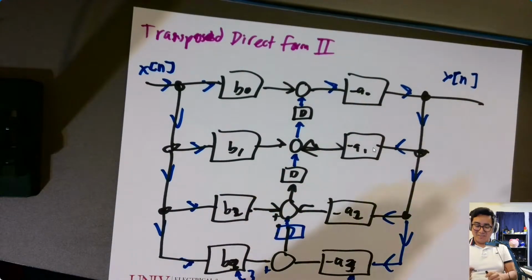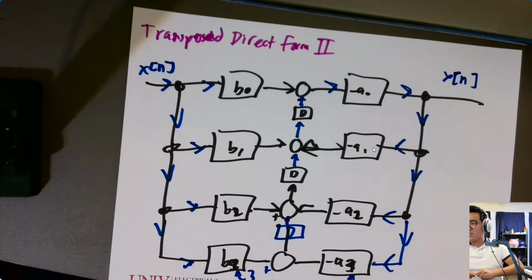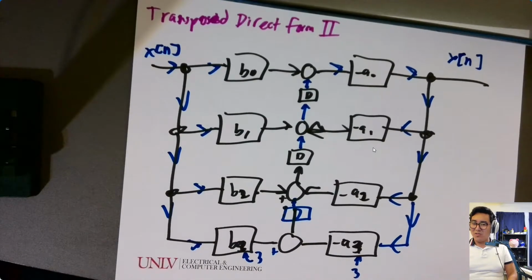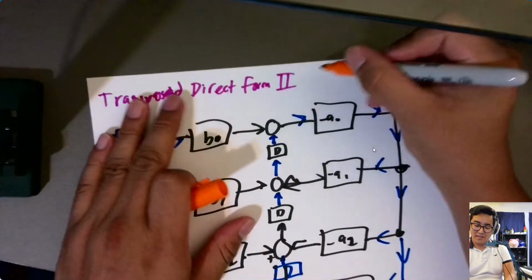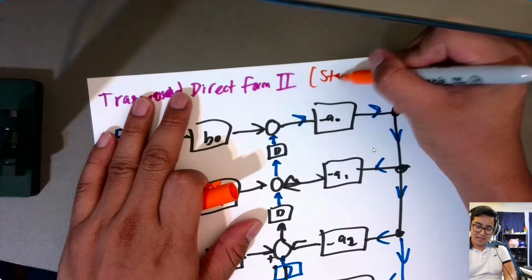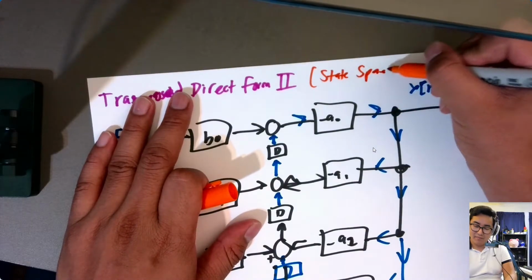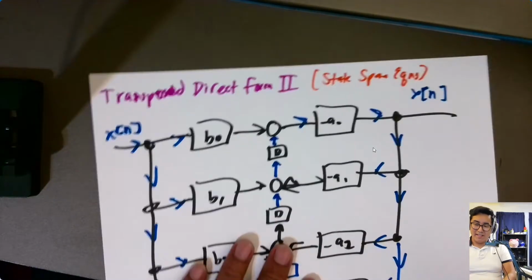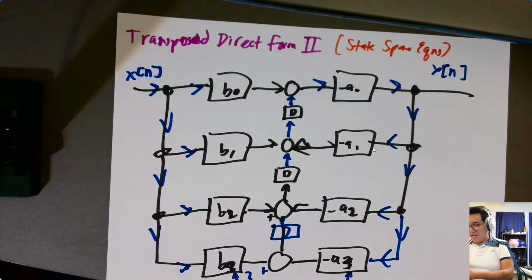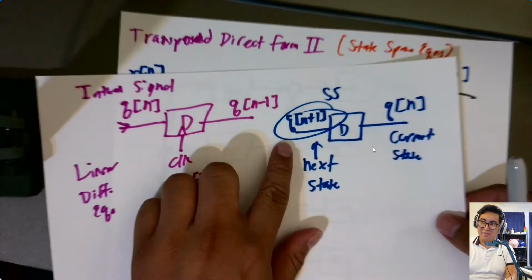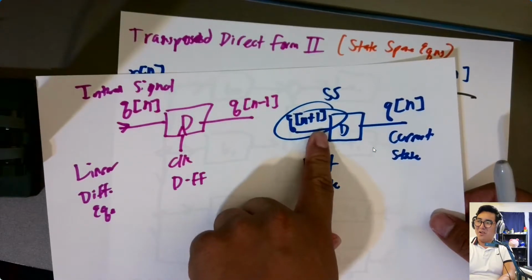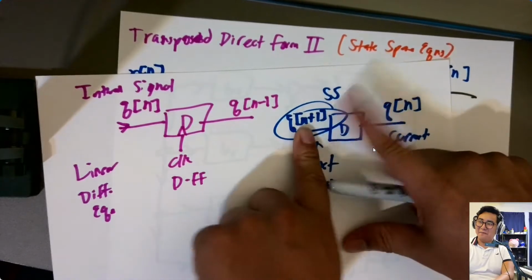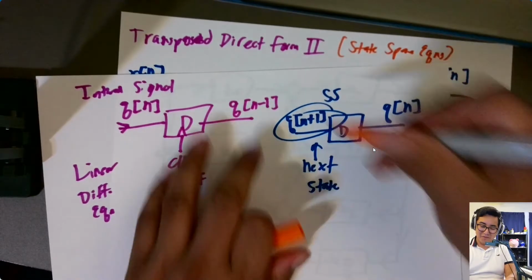We have to start doing these equations now. So the way to approach state space equations is, from what I just tried to explain, we are taking a future signal. So this is the future.